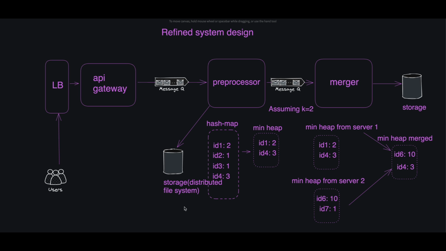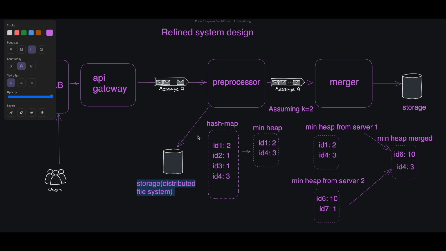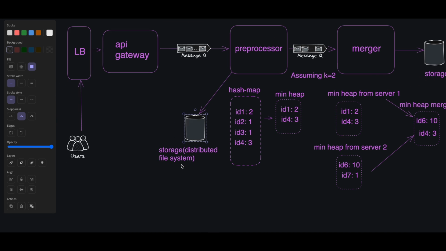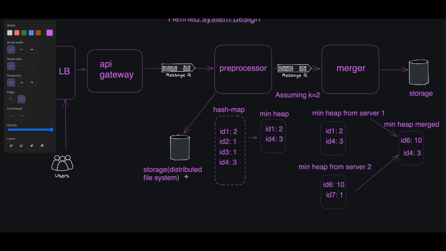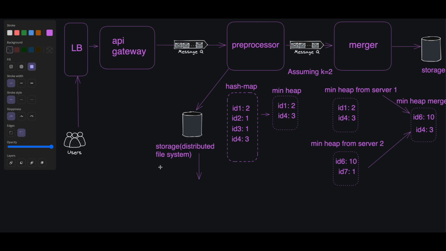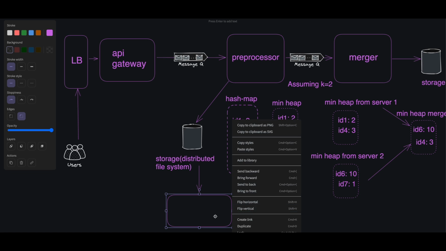All right, so we're going to be keeping these hash maps in storage, but in order to arrive at our heap, we would need to run other processes on it. So basically, we will have some service. It's going to be a scheduled running task.